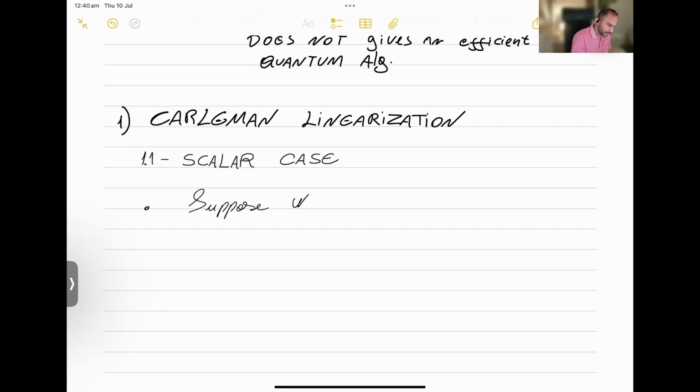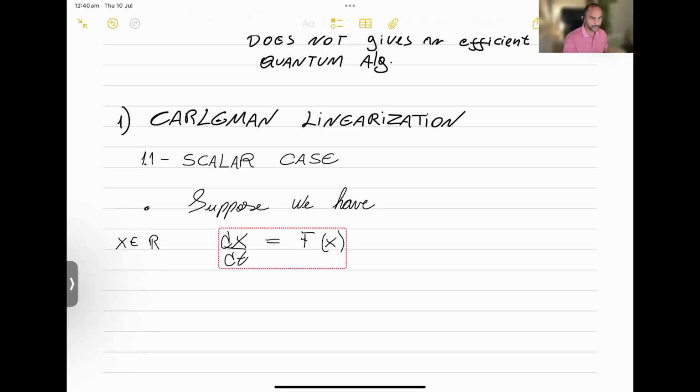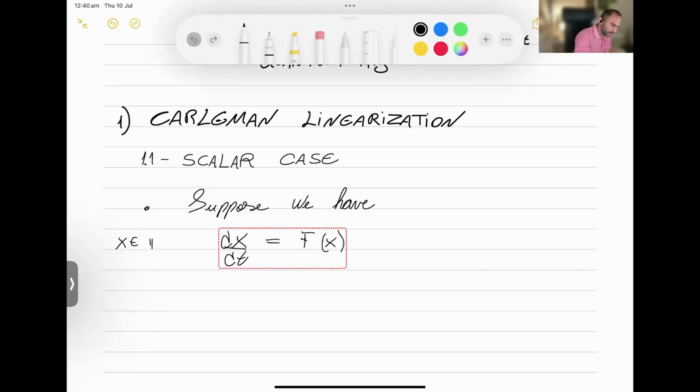Suppose we have the following differential equation, with this function f(x), where x is just a scalar number here, and it depends on t. Just to clarify, it's time dependent here.